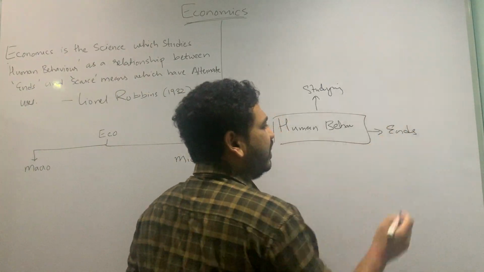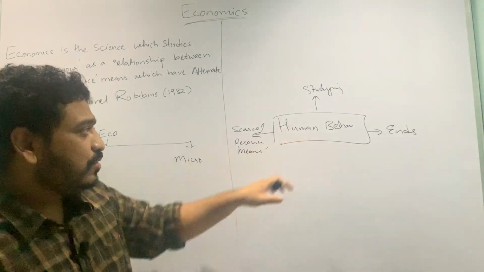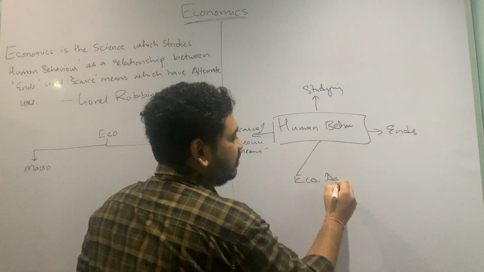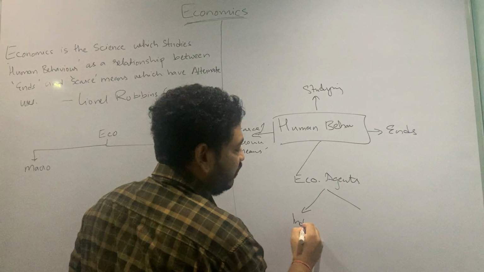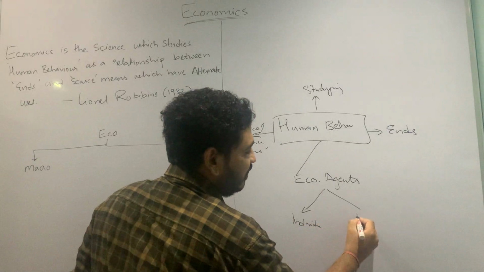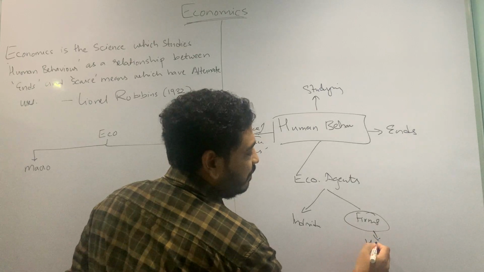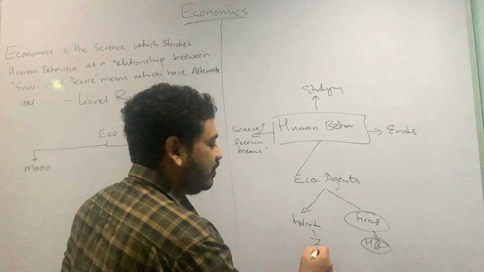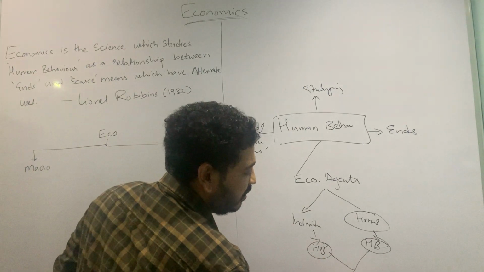Human behavior particularly boils down to economic agents. Economic agents are of two different types. One is the individual, and the other is the firm. Human beings are part of firms, and an individual is obviously a human being. So effectively everything boils down to something called human behavior.